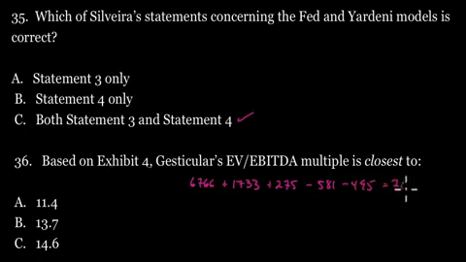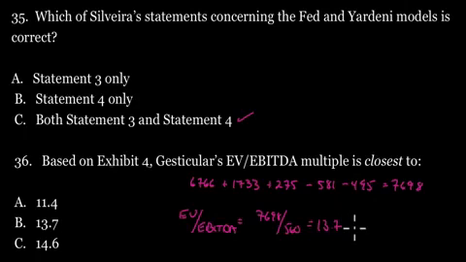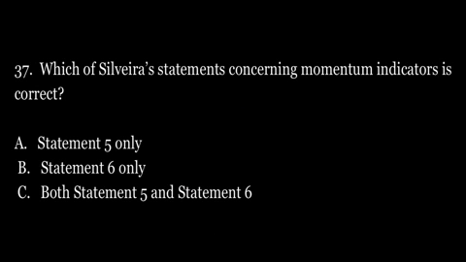We get 7698. So our enterprise value to EBITDA, we have our numerator 7698, and we can look up our denominator is 560. And that'll give us 13.7. Do we have a 13.7? We have a 13.7. And finally, number 37, which of Silveria's statements concerning momentum indicators is correct?